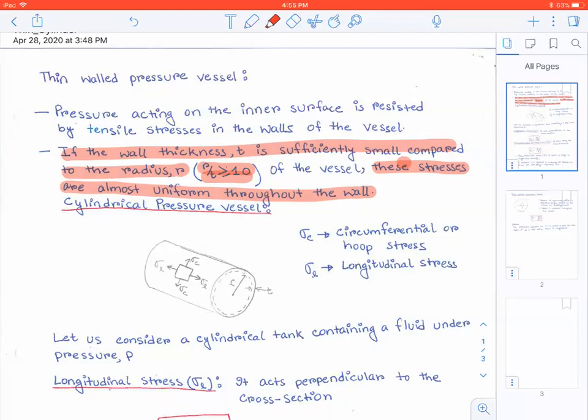In the lab, if we were in a different time, you would have done the lab all by yourself, hands-on. I think the pressure inside the vessel is exerted by a pump, which is pumping oil in the pressure vessel, for that particular lab. Basically, whenever you have some fluid inside a vessel, the fluid is going to exert some pressure, and the pressure is going to cause stresses in the walls of the vessel.